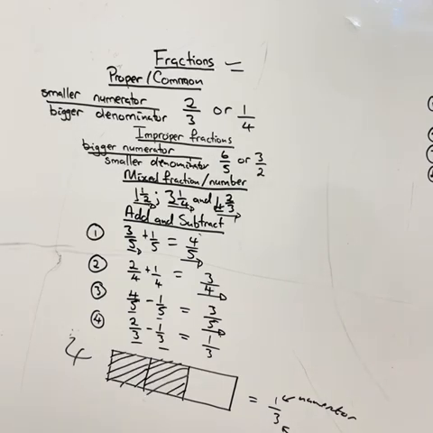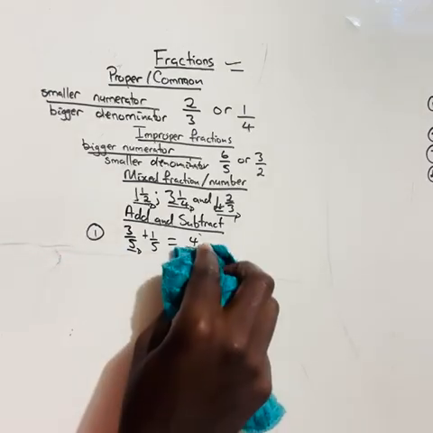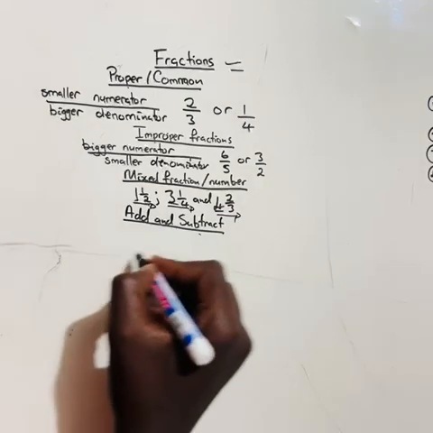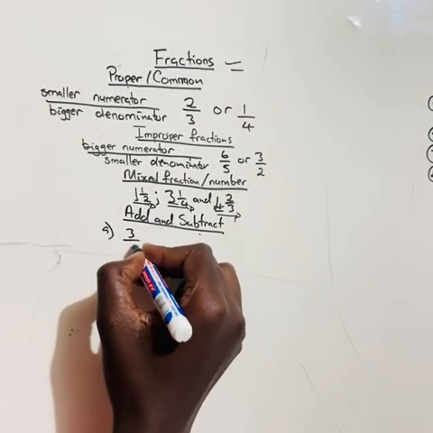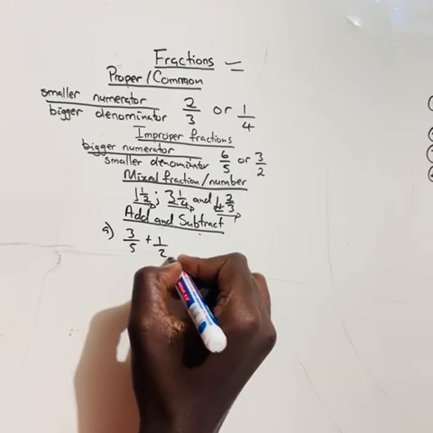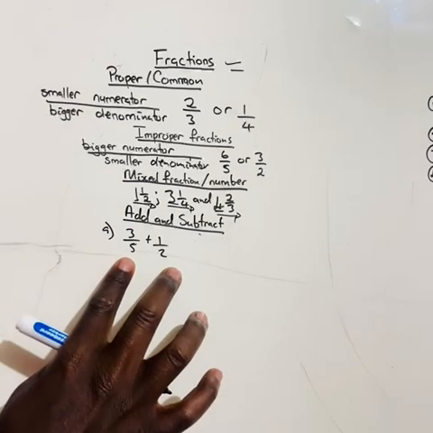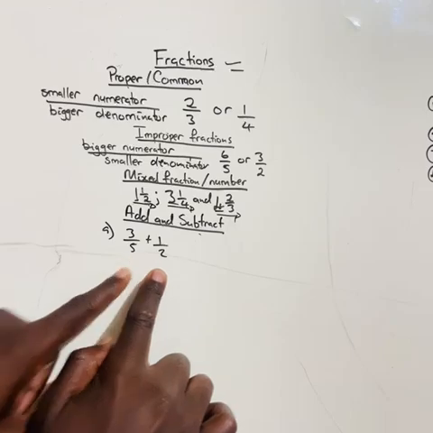Now, what do we need to do? We are now going to work on addition and subtraction of fractions when the denominators are not identical. The first one that we will write is when we are given 3 over 5 plus 1 over 2. As we can see, the denominators are not identical.